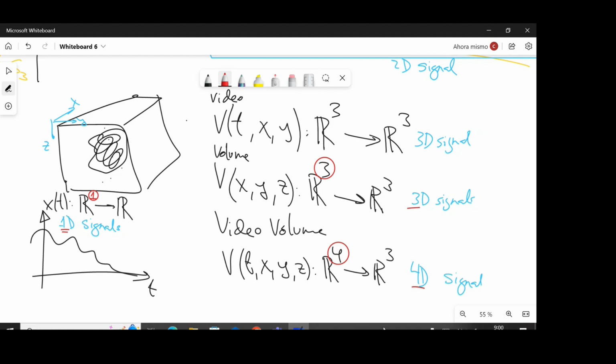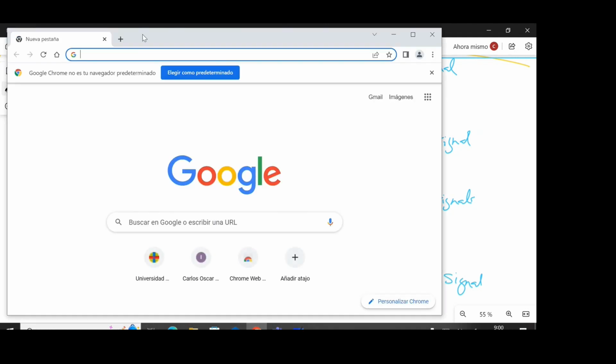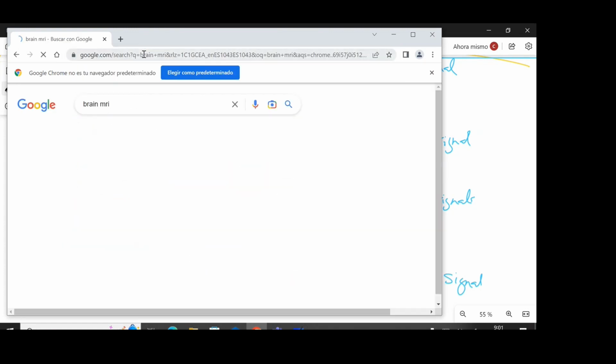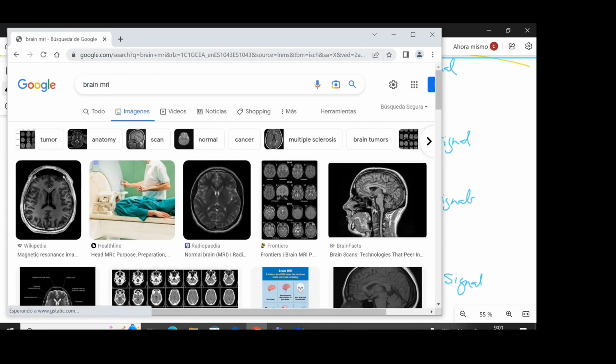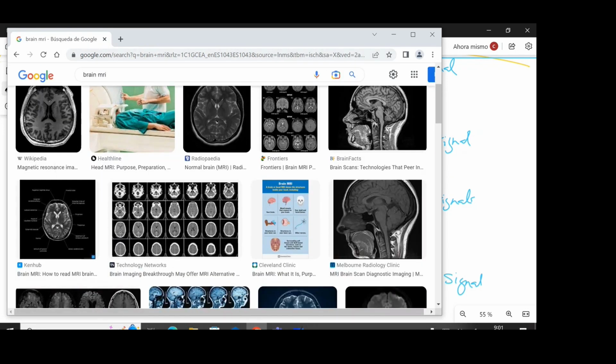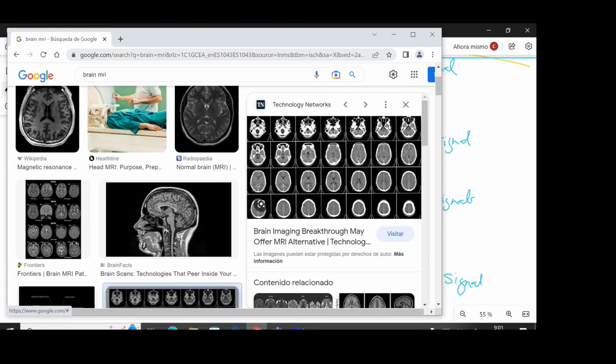So for instance, if we look at this, so let's say, and we look for images. This one here are slices through that volume. So in this direction it is Y, in this direction it is X, and then each one of these images is a slice.